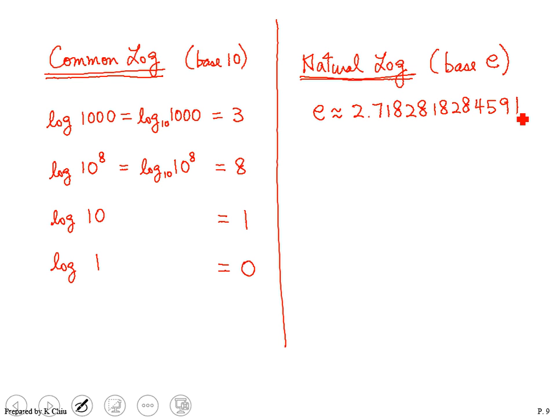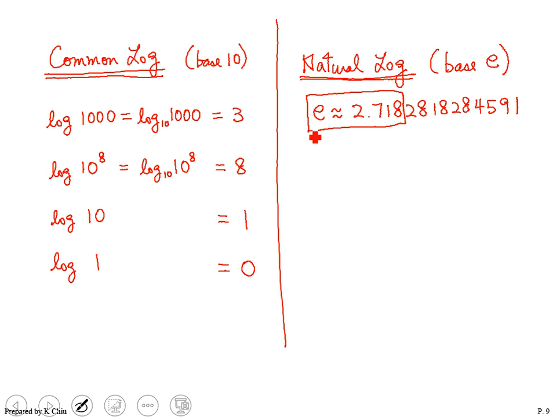Can you remember that? Yes, you can. Yeah. That's your boyfriend's phone number. 718-281-8284, extension 591. Isn't it? At least you should remember the area code so you know you are not having a long distance relationship.